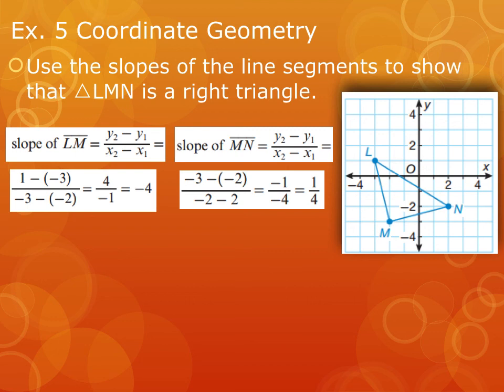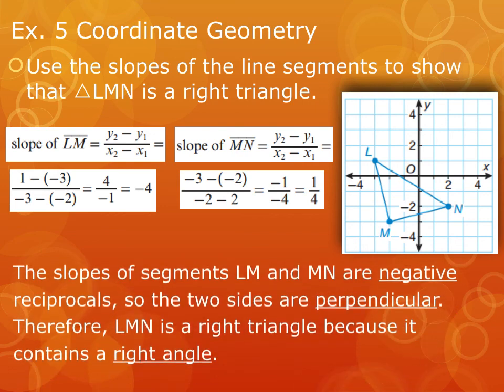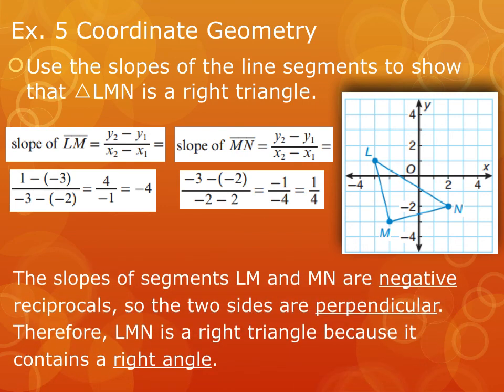If so, then angle M is a right angle because the lines are perpendicular. The slopes of segments LM and MN are negative reciprocals. So therefore the two sides are perpendicular, and triangle LMN is a right triangle because it contains a right angle.